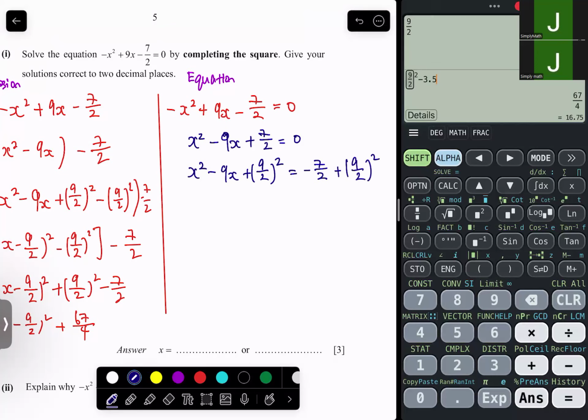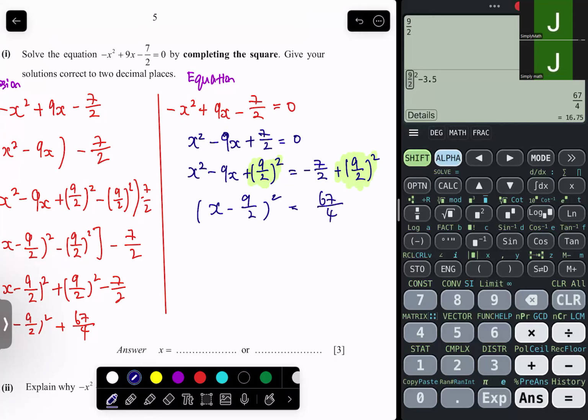So I do a change on my left hand side, I do a change on the right hand side by adding on both sides. So the equation has no change. Then on the left hand side, I will get x minus 9 over 2 squared, completed square, equals 67 over 4.